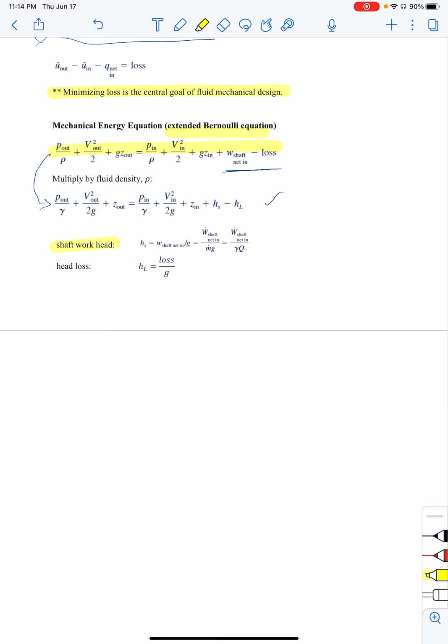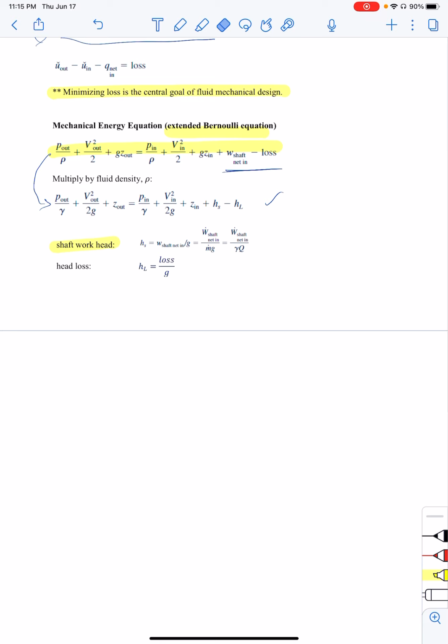And the head is a kind of energy per unit weight. If you write all of the units and simplify, you get length, whose unit is meter, right?